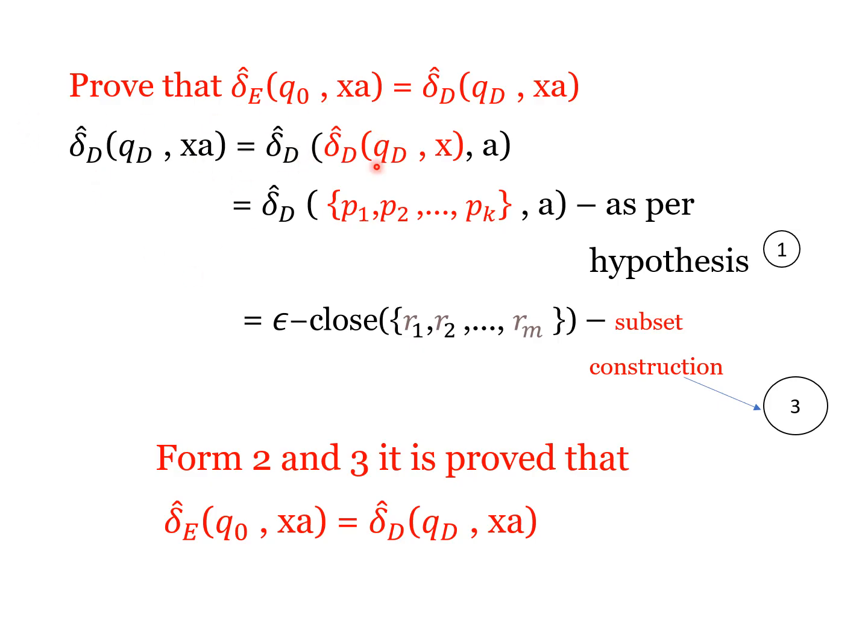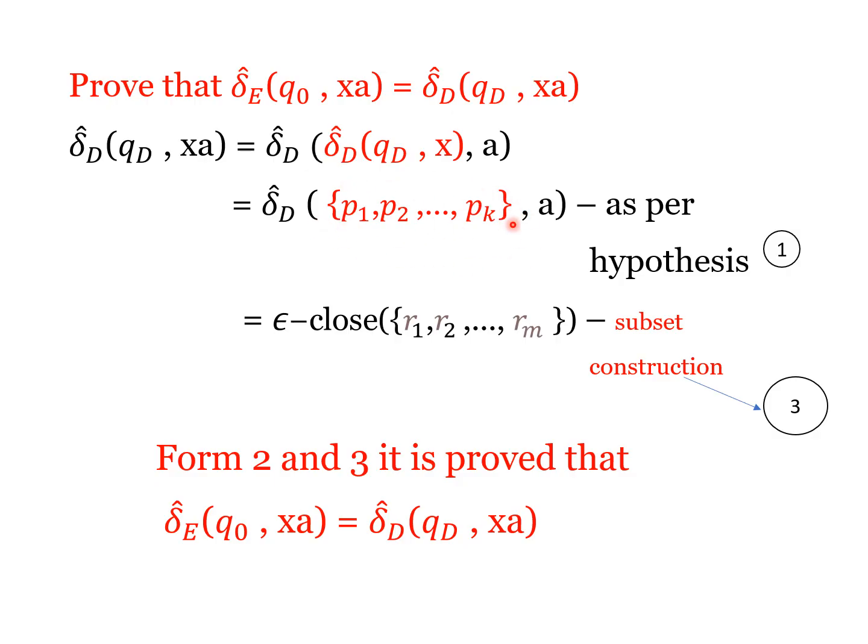As per the hypothesis again, we can say that we start from the start state of the DFA, and on the input string X, it goes to the set of states P1, P2, etc. up to Pk. This one is true as per our hypothesis. And as per the subset construction method, this set P1, P2, etc. up to Pk is one single state in the DFA.